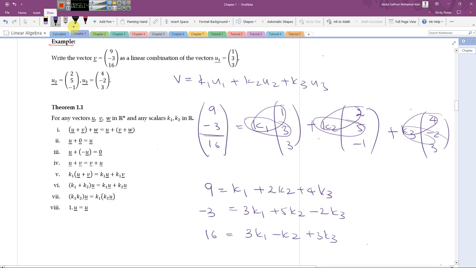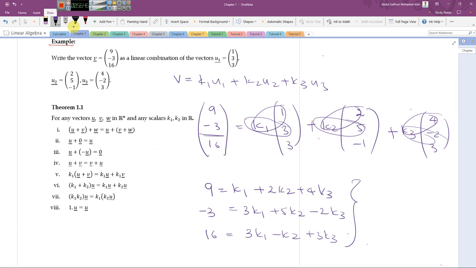Now if you go to setup mode, then 5 and then 2, you can enter these coefficients and constants so that you can find x, y and z. We have taken k1, k2 and k3 as x, y and z. Let's do it together.